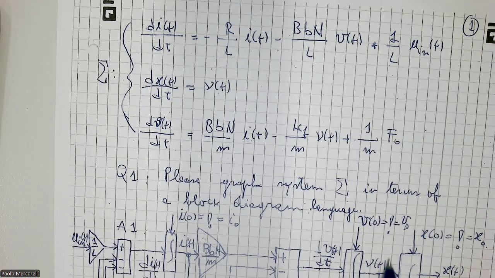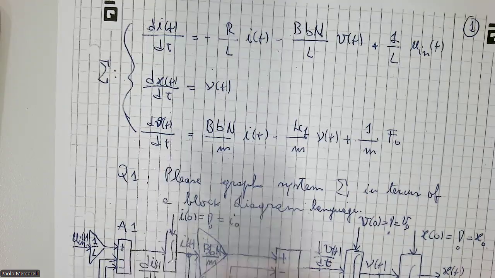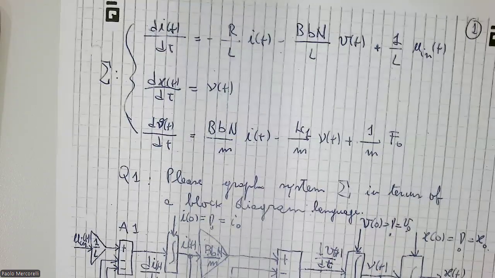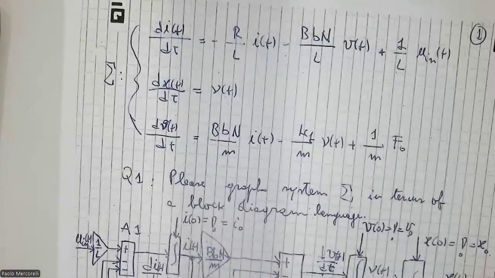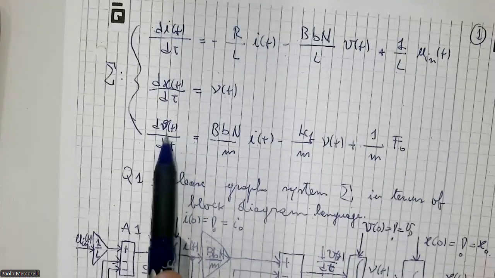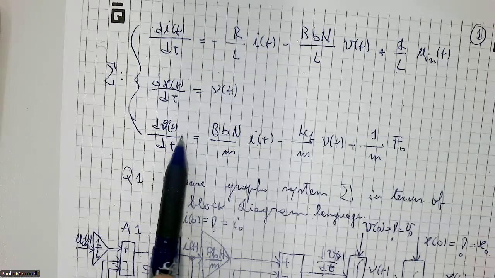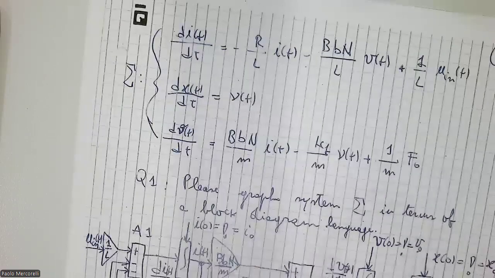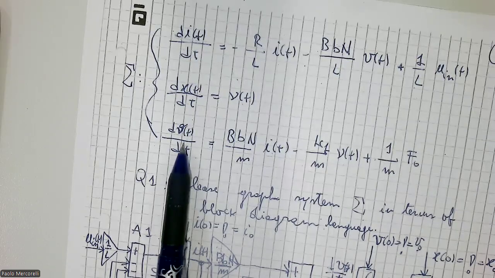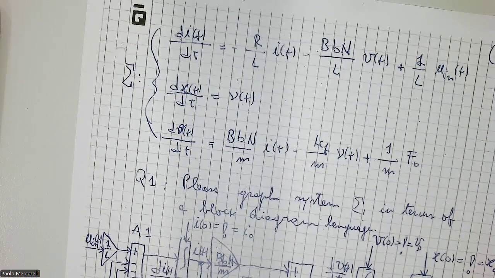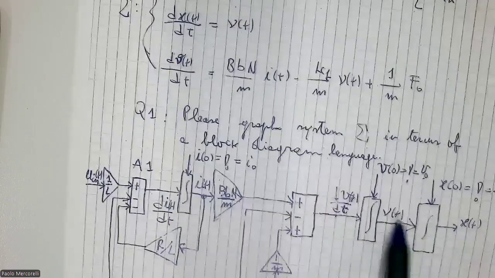Then, here we have the voltage. But look at this equation here. I am considering the mechanical system. This equation here is a relation between the derivative of the velocity and many other things. The derivative of the velocity is the acceleration. But as before, between velocity and acceleration, we have an integral.